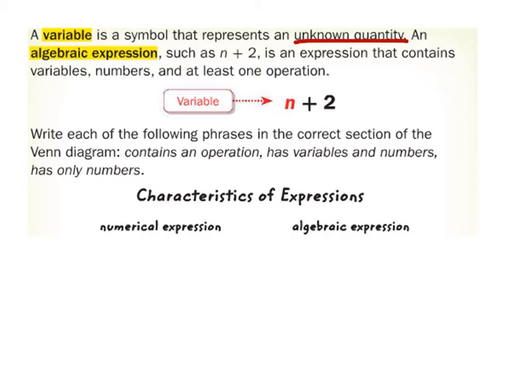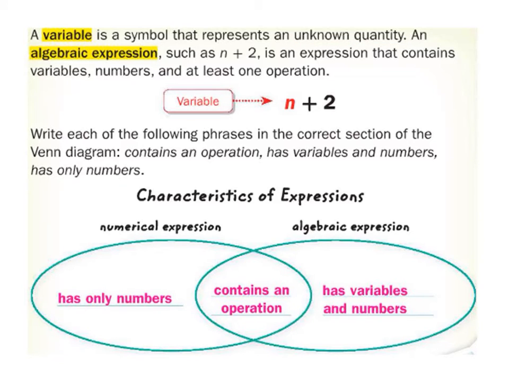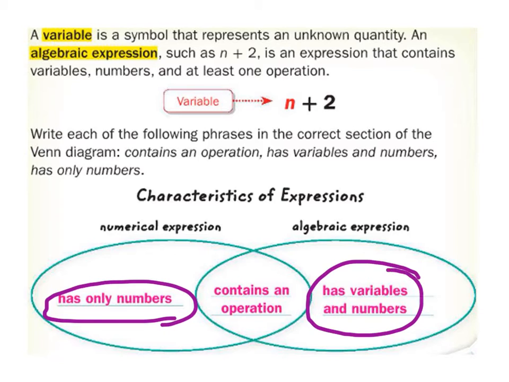An algebraic expression is an expression that has both numbers and letters, and operations. All right? So if we look at this, a numerical expression has only numbers. An algebraic expression has variables and numbers. Okay? And then you can combine them with operations. All right?